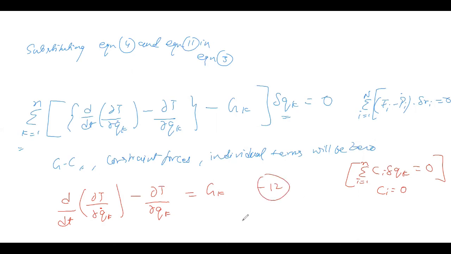This is my general form of the Lagrange equation. We can write even Gk in terms of this whole stuff, and once we write that, we will have a more uniform and accepted form of the Lagrange equations. But this is also my Lagrange equation, so I can say this is my initial form of the Lagrange equation.